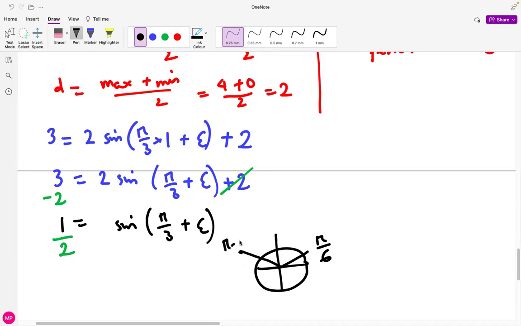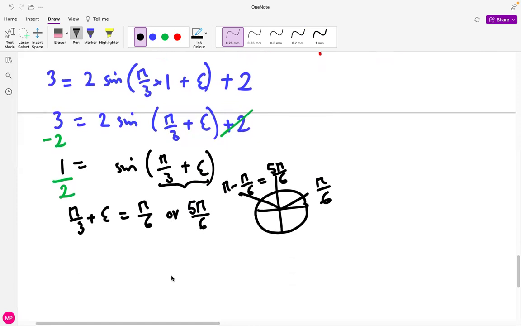So pi minus pi over 6 in this quadrant gives you 5 pi over 6. Okay, so whatever is inside here, you would have pi over 3 plus epsilon equal pi over 6 or 5 pi over 6. You can solve for epsilon.